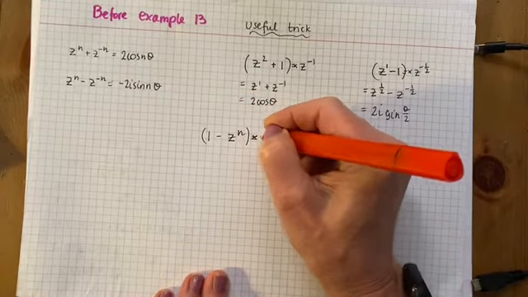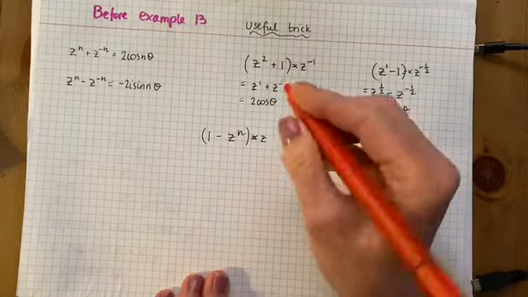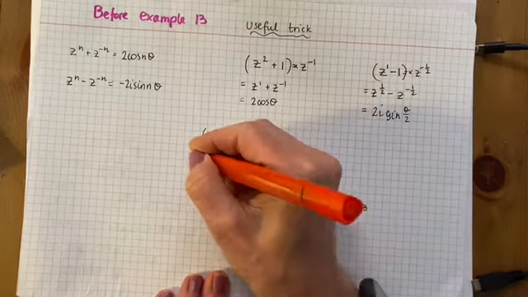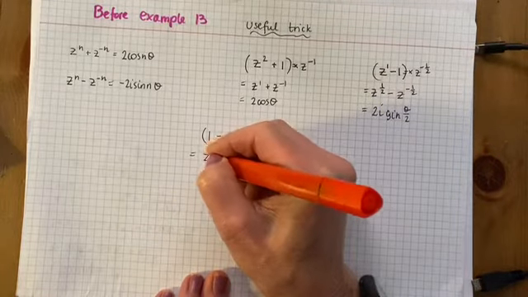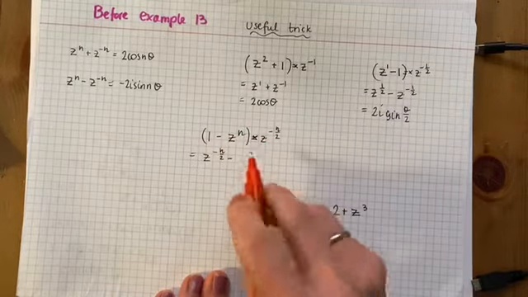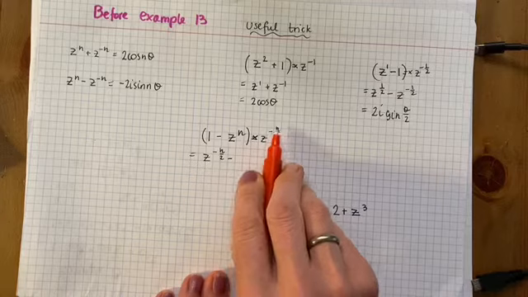Now you can have the terms reversed, so over here it's still the same idea. Let's multiply it by z to the power of half of this power, but with a minus, so minus n over 2, and let's multiply it out. You're going to get z to the power of minus n over 2 minus z to the power of n times z to the power of minus n over 2.